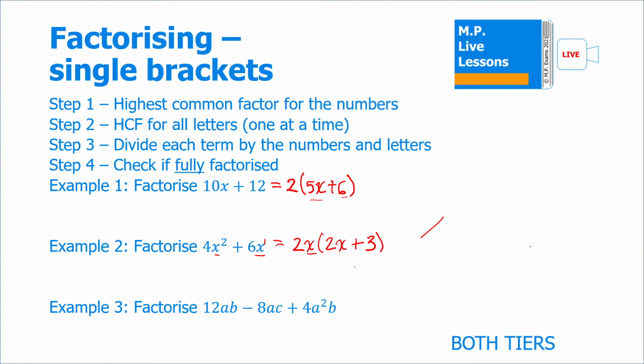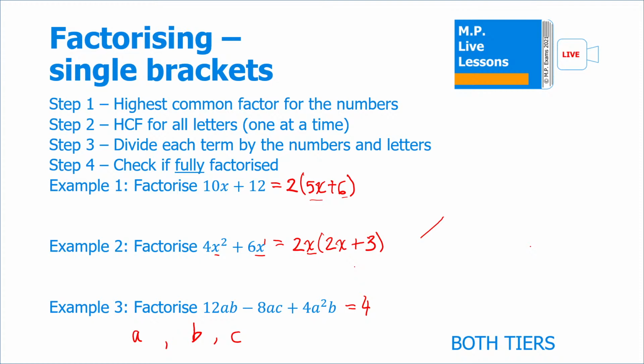And lastly, another example. Now, it looks more complicated, but we'll go through the letters A, then B, then C. So you can only take them out if they're found in each of the terms. So 4 can go into all of these terms. So 12 divided by 4 is 3. 8 divided by 4 is 2. 4 divided by 4 is just 1.